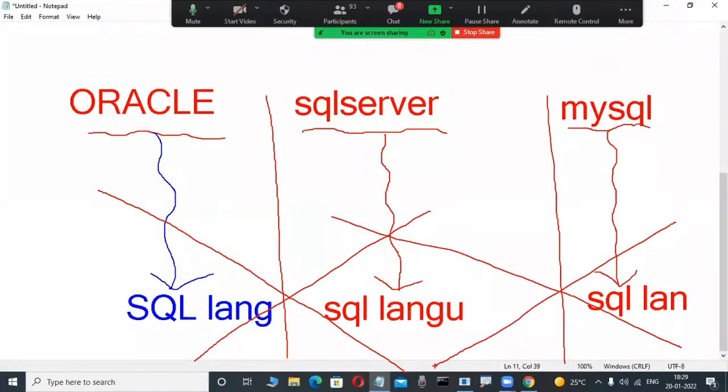Maybe in your academic career, in DBMS theory or small databases, you learned commands such as insert, update, delete, and select in the SQL language. Those commands may be the same in those languages, which is why you think they are the same. But unfortunately, they are totally different.